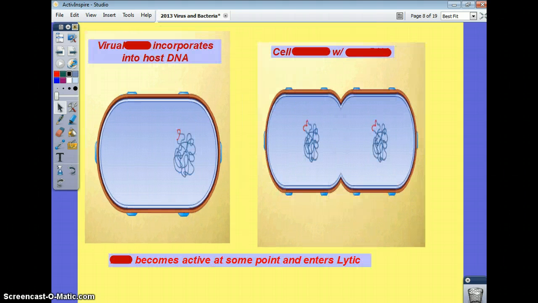So the difference is in the third part. The virus DNA or RNA incorporates into the host DNA. You see right here in the picture, this red piece is the viral DNA, and the blue is the actual DNA of the host cell. It embeds itself or becomes part of the host DNA.